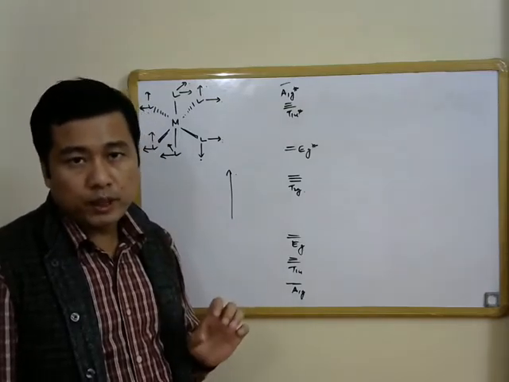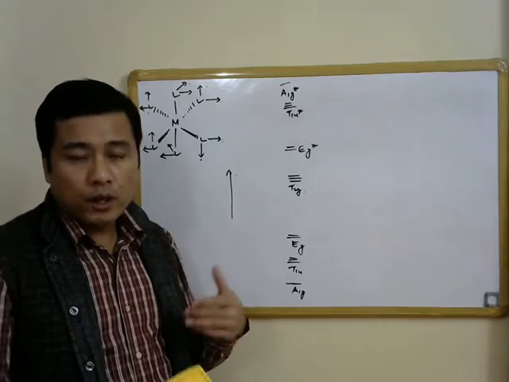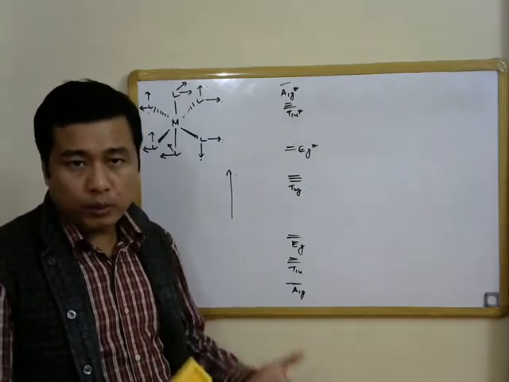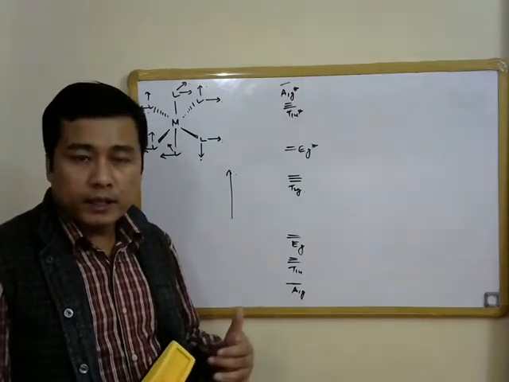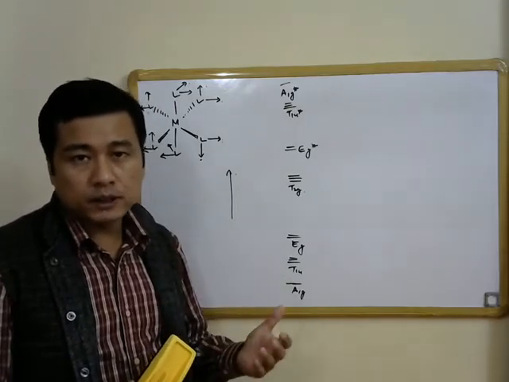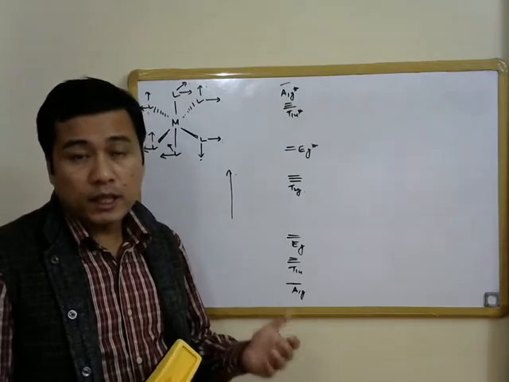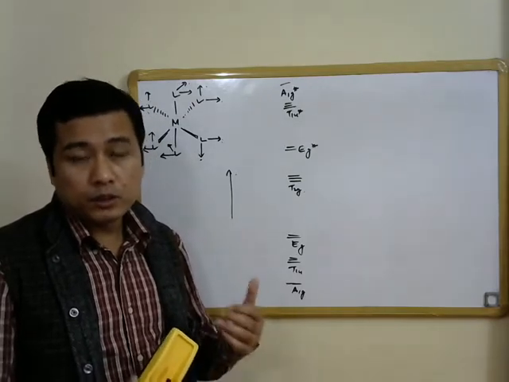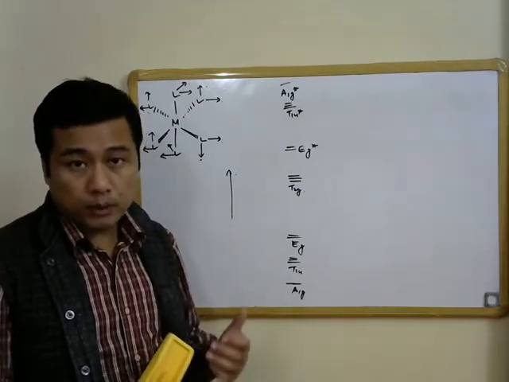Now before we do that, we have to classify the molecules where there is pi bonding, because we have ligands which act as pi donor ligands, as well as ligands which act as pi acceptor ligands.